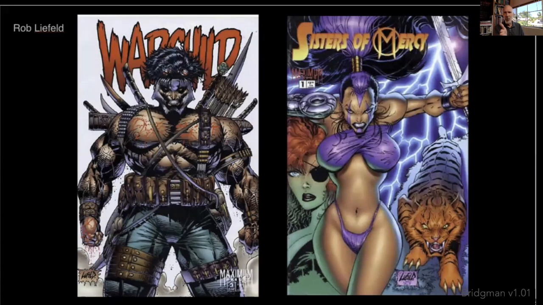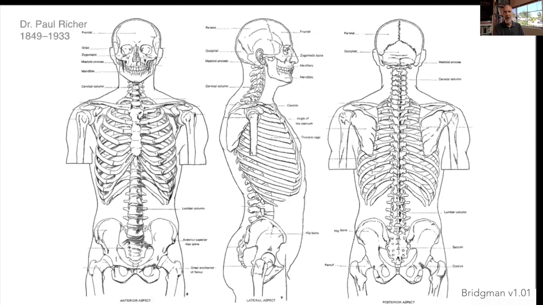Let us go to what I mentioned and showed you yesterday, which is Dr. Paul Richer. Who's to say that these proportions are right? They're certainly closer to a so-called average. They are meticulously thought through for that purpose.